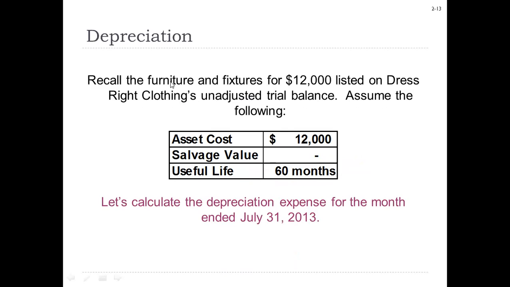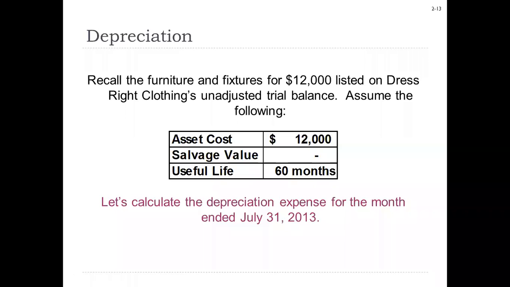So remember they had furniture and fixtures on that unadjusted trial balance for this dress right clothing of $12,000. So if we assume that there's no salvage value, and remember salvage value is how much will that asset be worth at the end of its life.